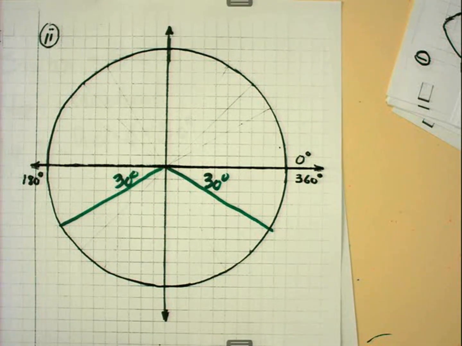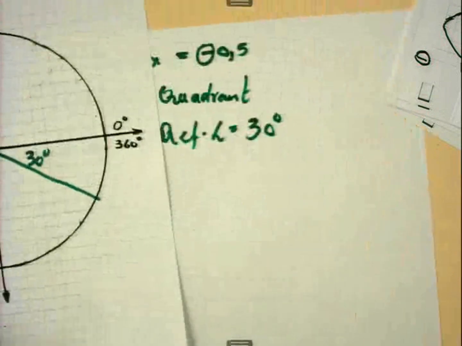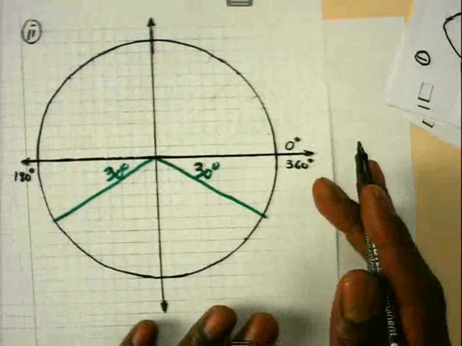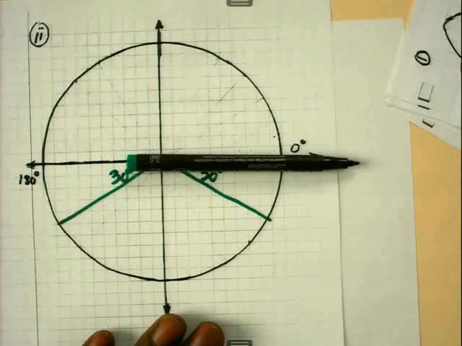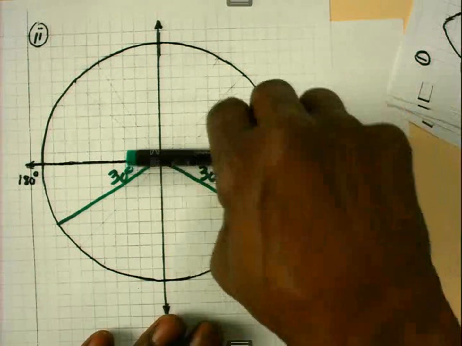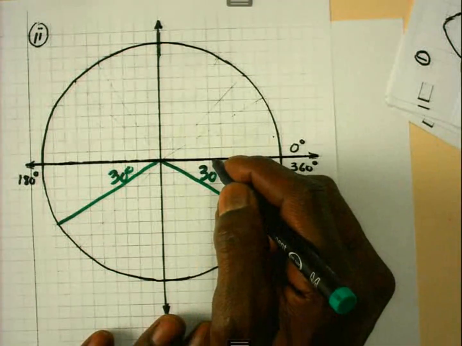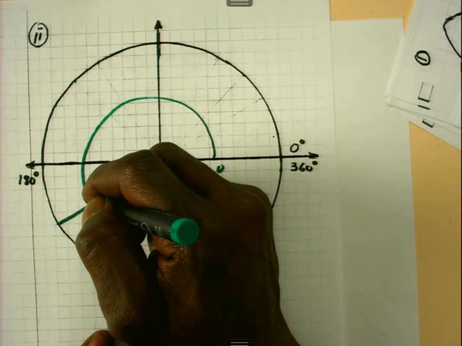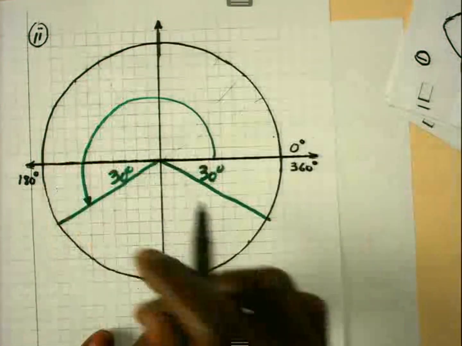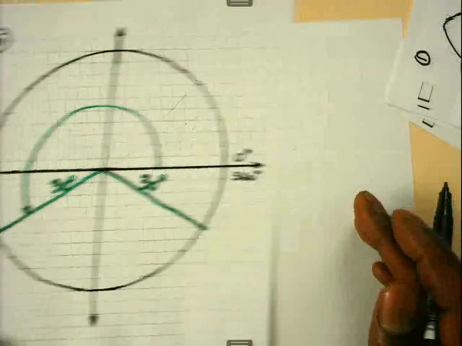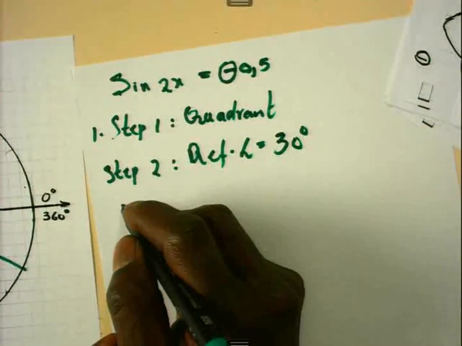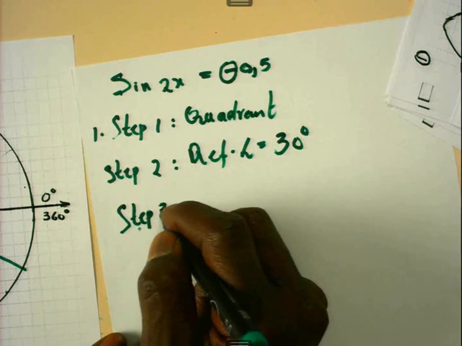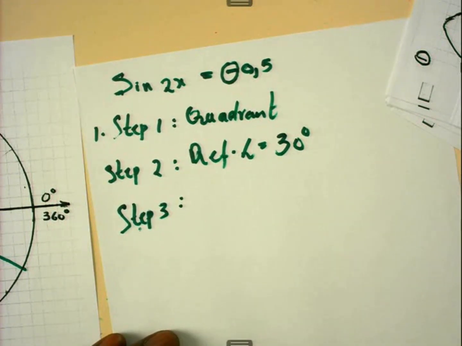Now, to find the solution for that, we must start from, I'll put the marker there, and we count the angle from there. Once we touch that arm, we must count the angle there.